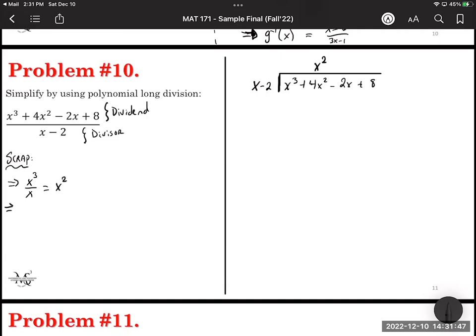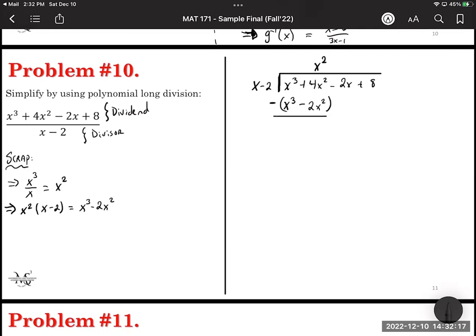I take this x squared term and multiply it by x minus 2. x squared times x minus 2 is x to the third minus 2x squared. I write that underneath the first two terms of the dividend, and of course I have to subtract.